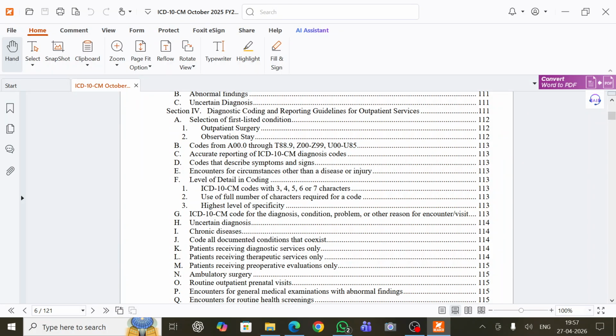It's not complicated, as it is directly mentioned in the report. These findings are mentioned, so we can check them in the ICD-10 and code them.